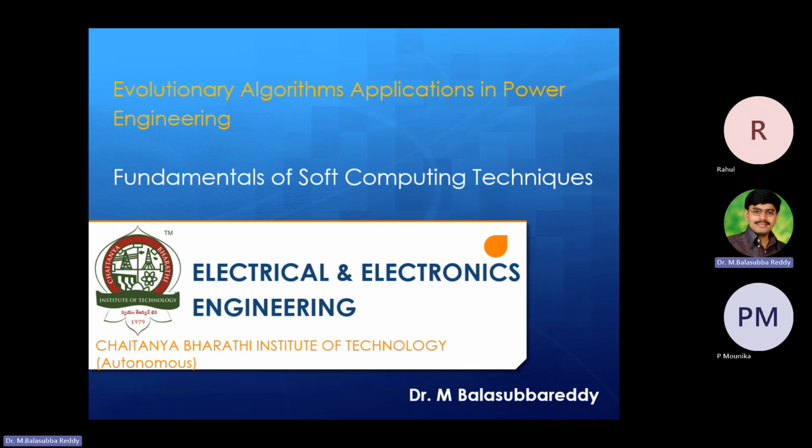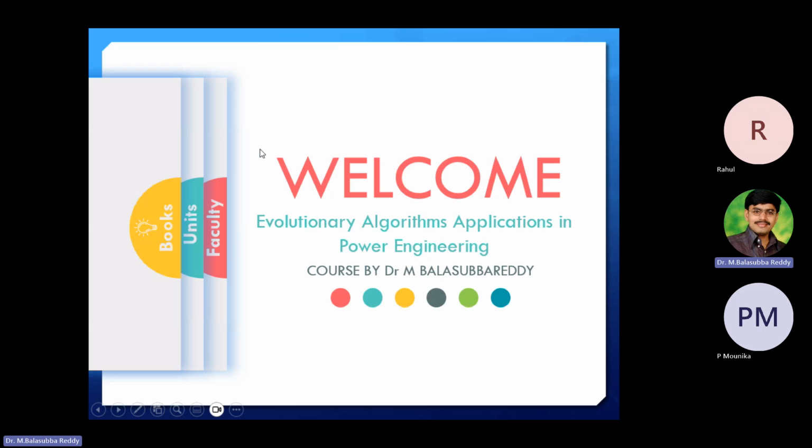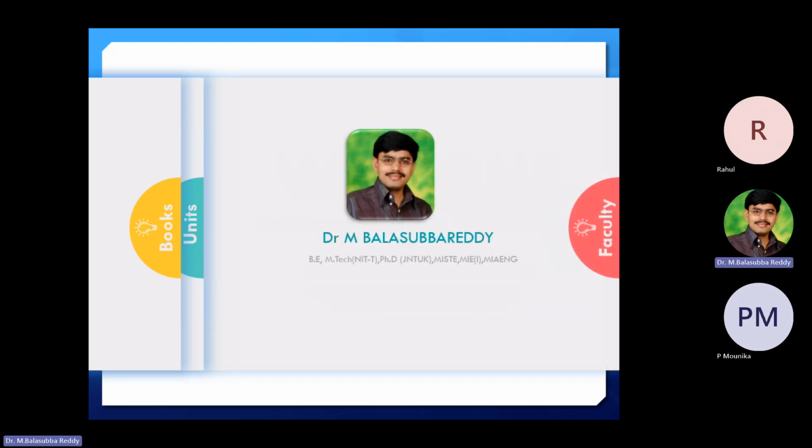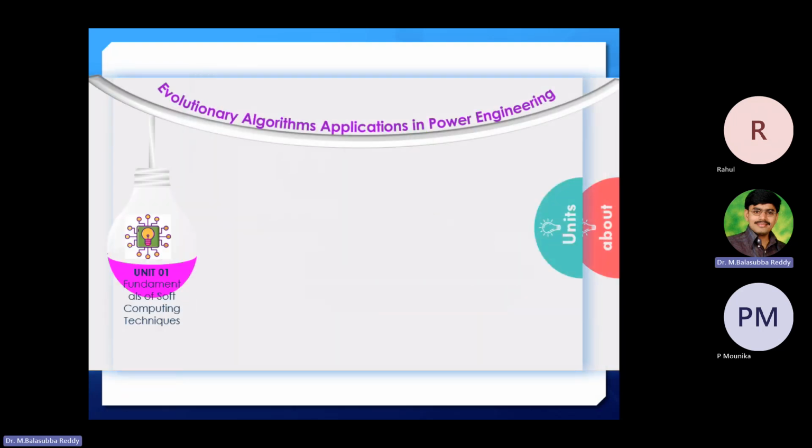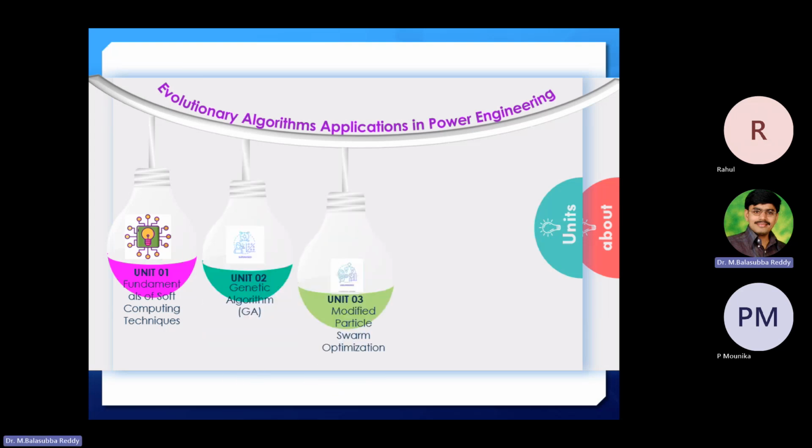So here you can see the course, evolutionary algorithms applications in power engineering, and the titles of the units. Fundamentals of soft computing techniques is unit one, and another unit is genetic algorithm, one of the techniques to solve optimization problems. Here a function is given and you need to optimize that function, a minimization problem or a maximization problem.